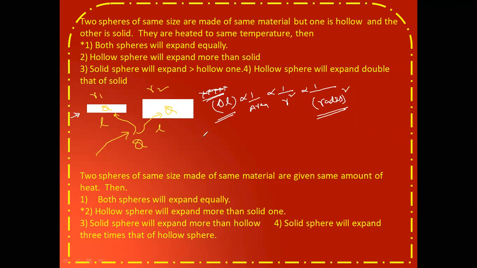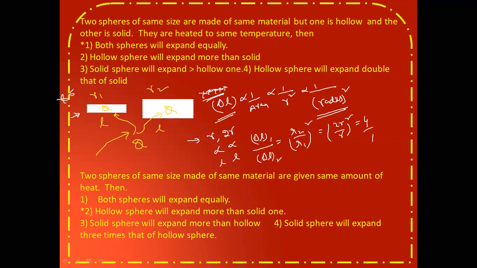If one has radius r and the other has radius 2r, both having the same alphas and the same length, then the ratio of the linear expansion of the first rod to the second rod is equal to R2 by R1 whole square, which is 2R by R whole square, that is 4:1.